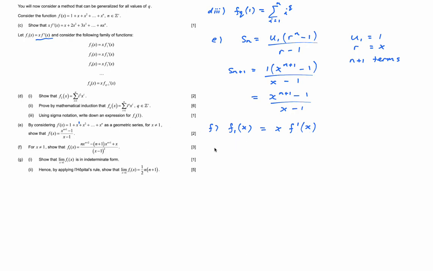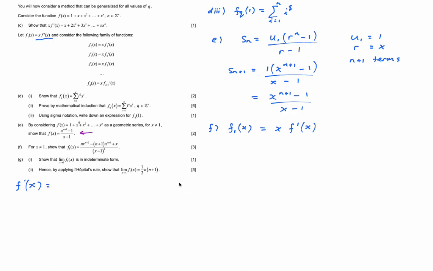F dash of x we are going to do using the quotient rule. So if this is f of x, f dash of x is equal to the quotient rule using this.